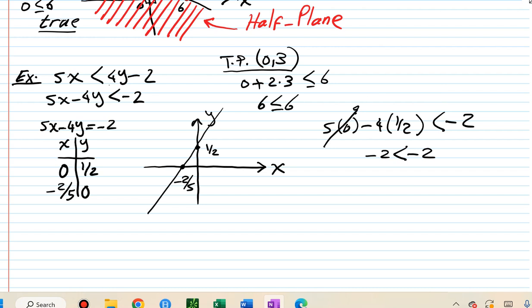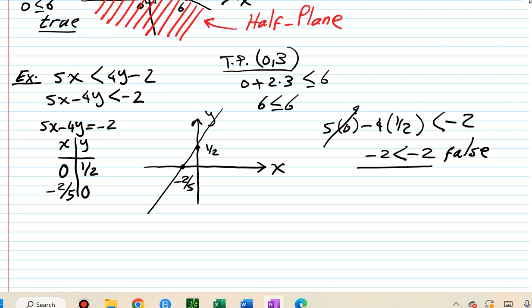Is negative 2 less than itself? That would not be a true statement, true? So this would be false this time. Now, had this been less than or equal to, that would make it logically a true statement because it's equal to. But at this point, strictly less than, that would be false. Therefore, the point that's on the line actually doesn't work, right? It gives you exactly equal to.